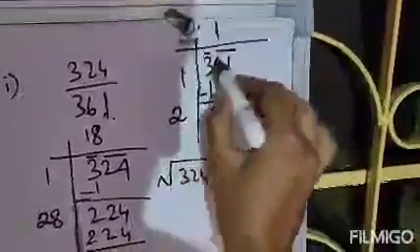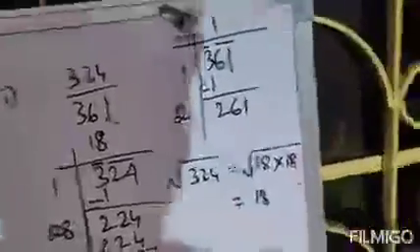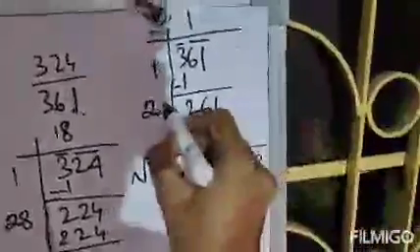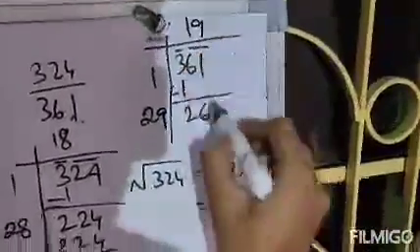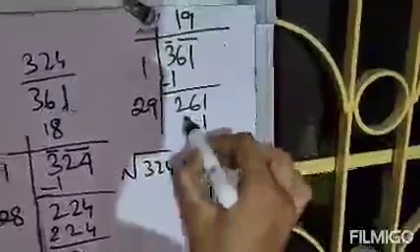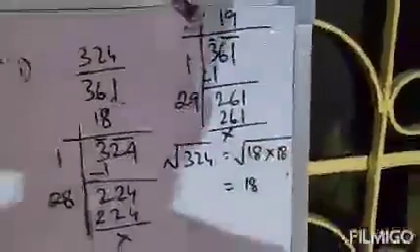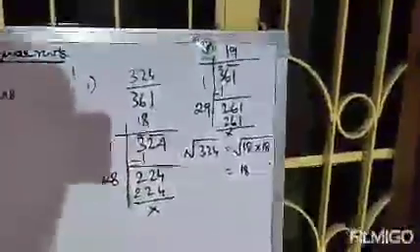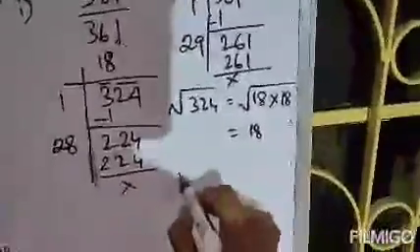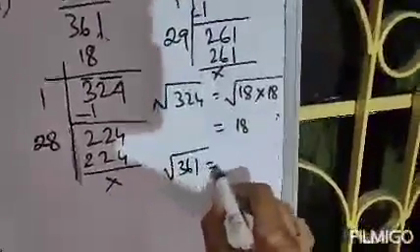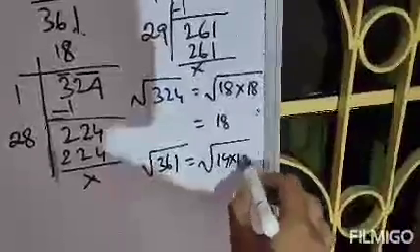That means 2 ones are 2. 6 1 will come down. Next this will be 9. So 9 9s are 81, carry 1. 9 2s are 18 and 8 are 26. So the square root of 361 will be 19. Therefore you can write the square root of 361 equals 19 into 19, this will be equal to 19.